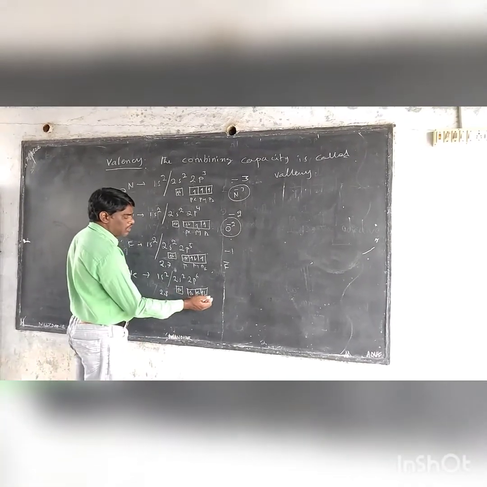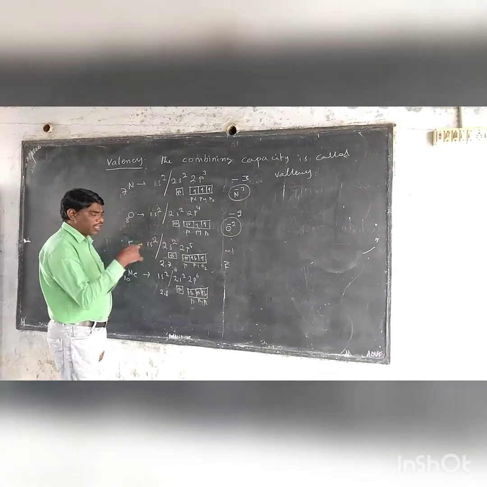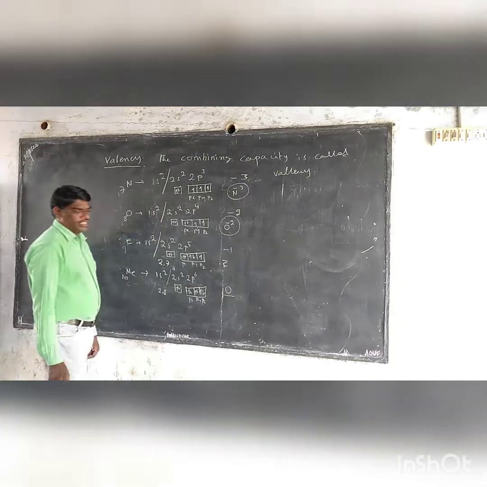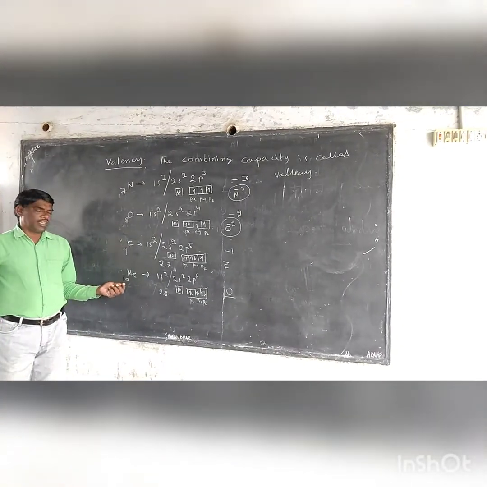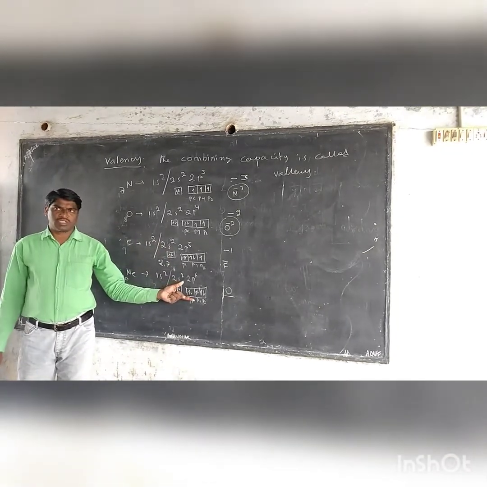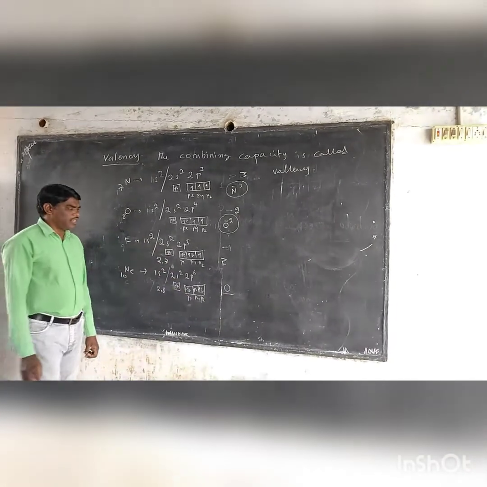It will be stable, so there is no gaining and losing. So the valency of neon is 0. That is one condition. The second condition is that for inert gases or noble gases, the valence shell is completely filled, so it will be more stable. So the valency of neon is 0.